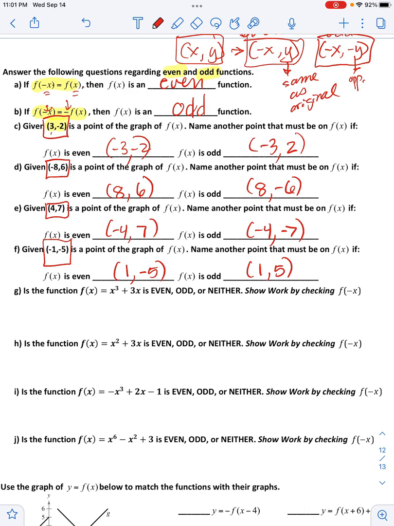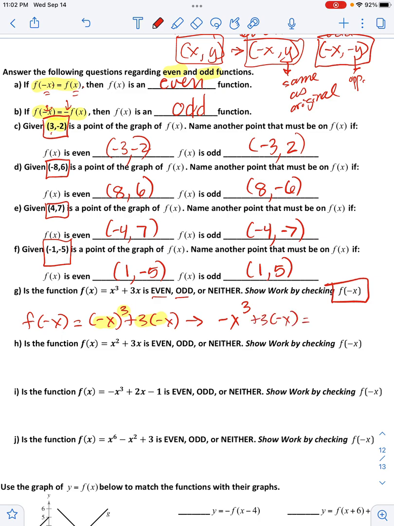So this is telling me what to do, and this was what we did in our notes. To decide if something's even or odd, we take the function they gave us and we put a negative x in for everything that used to be a positive x or a regular x. Then we go ahead and do our simplifying. This part is a negative cubed, which will actually stay negative. This part here is multiplying 3 times negative x.